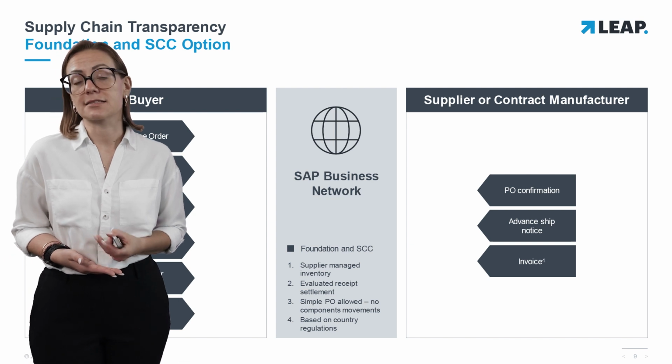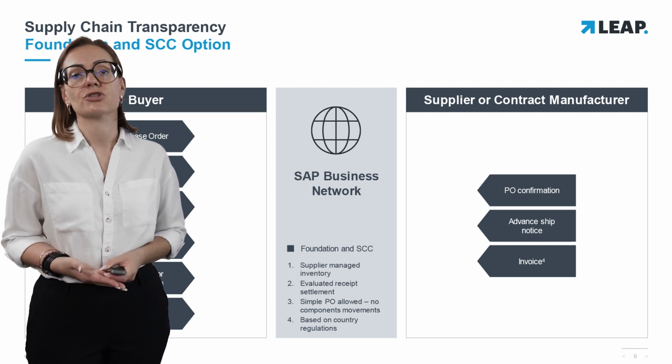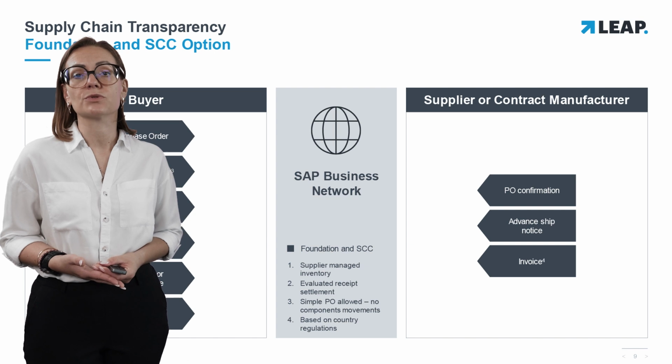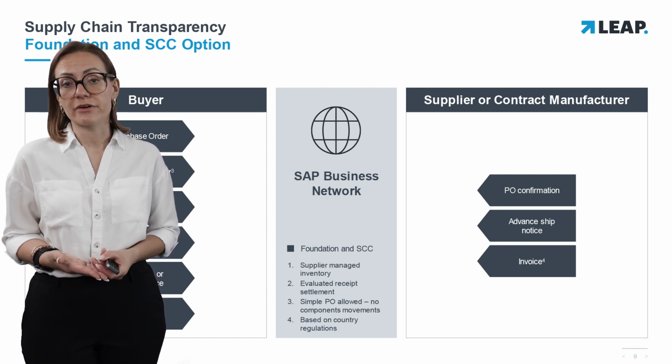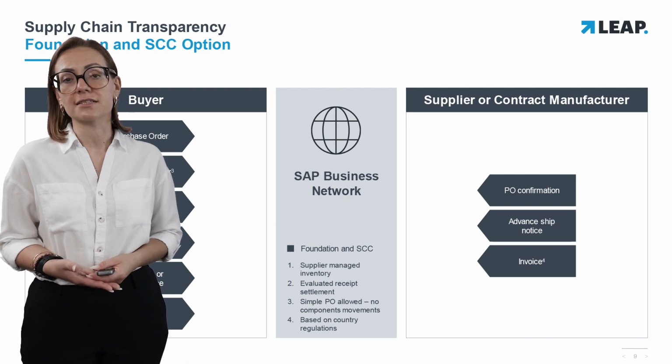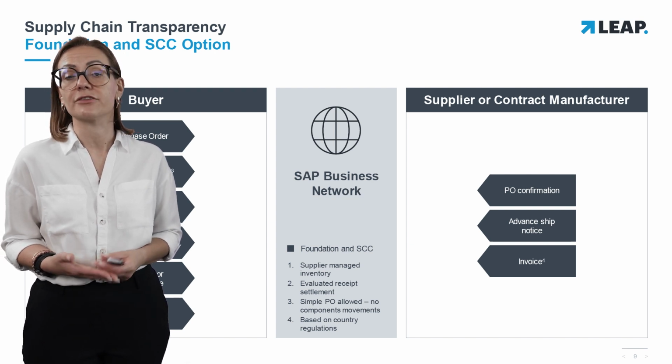In that case, the supplier or the manufacturer can issue an invoice that will be visible to the buyer also on SAP Business Network. Such a process is very transparent and very smooth for both parties to collaborate in the future.